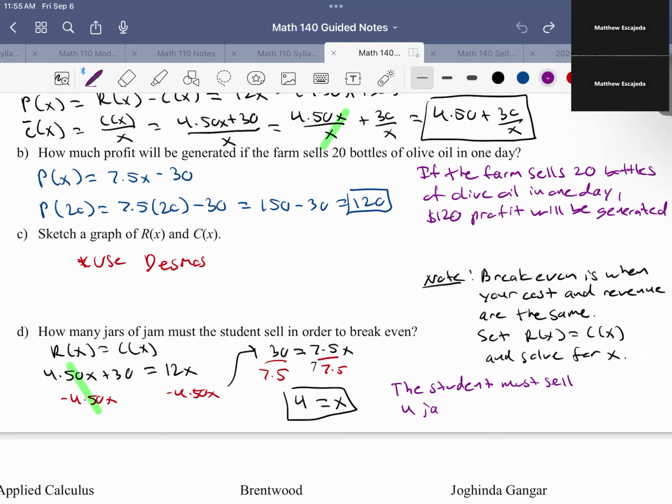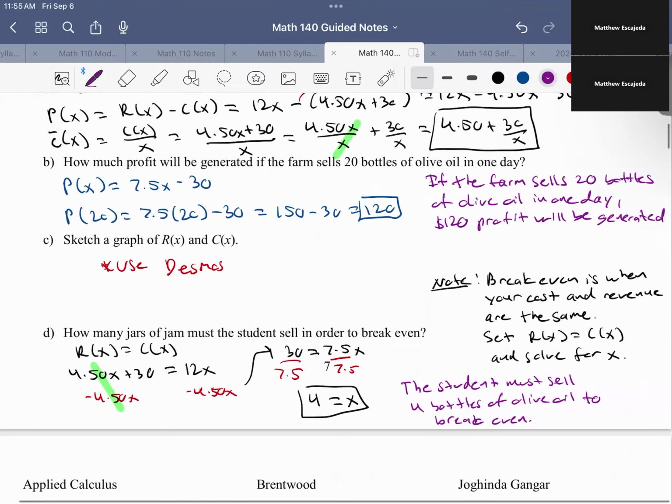Yeah, should sell 4 bottles of olive oil to break even. Okay, and that's the statement. So if we sell 4 bottles of olive oil, we will break even.